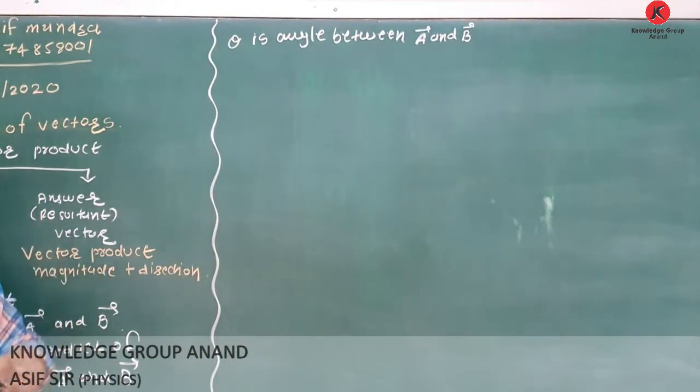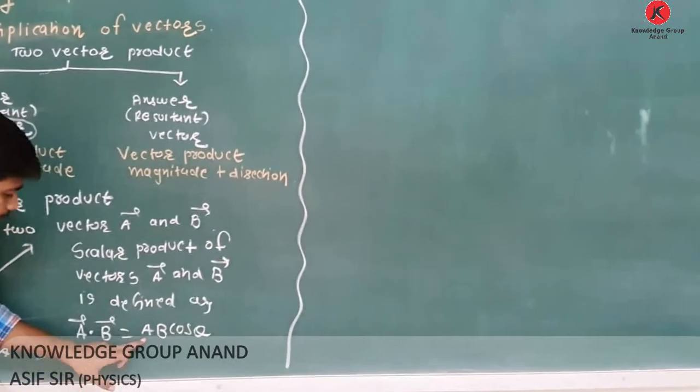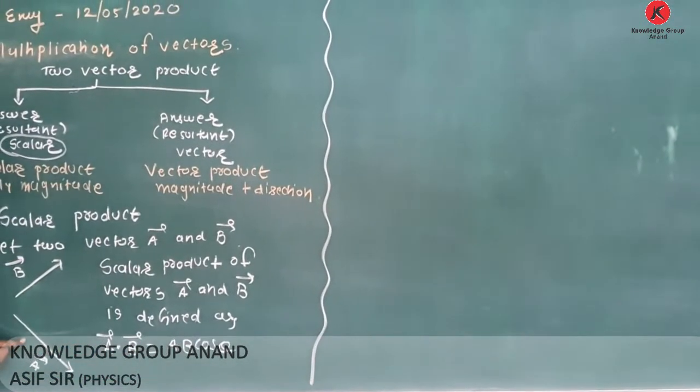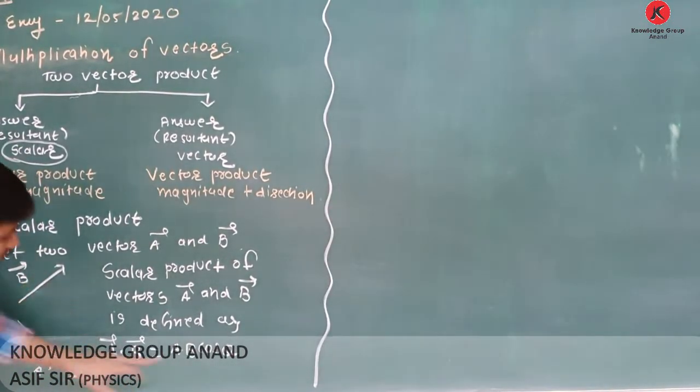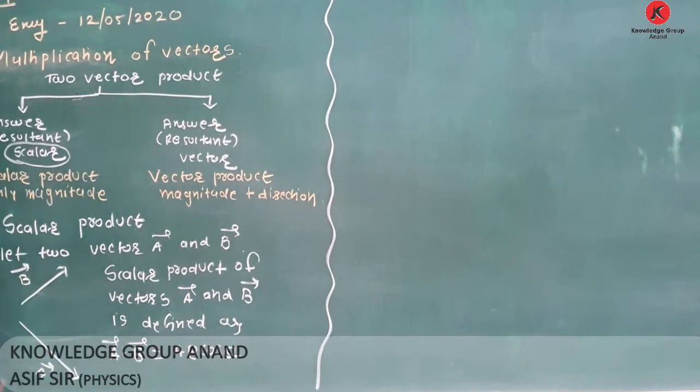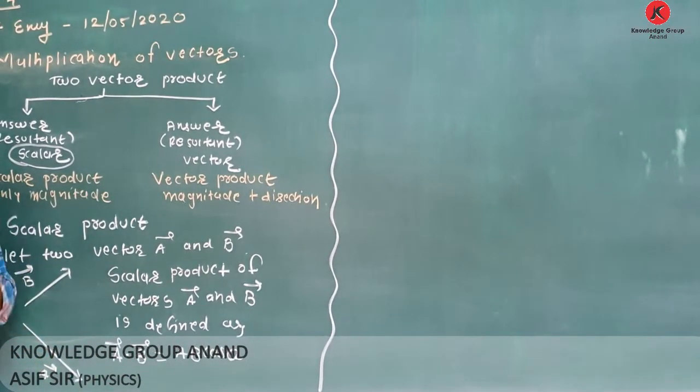A is the magnitude of the first vector, B is the magnitude of the second vector, and theta is the angle between the two vectors A and B.